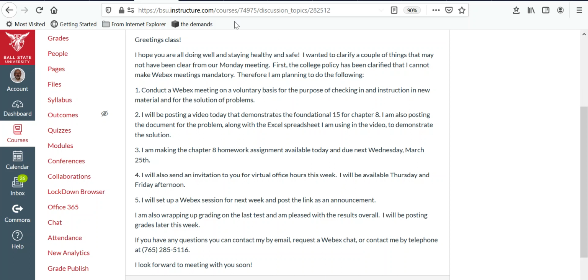First, we will have a weekly WebEx meeting on a voluntary basis, and the purpose of that is to do a class check-in and maybe go through some instruction and problem solving. So the next WebEx session that I'm going to plan will be on Monday, and we'll set that session at 10, 11, or 1, depending on which section you're in.